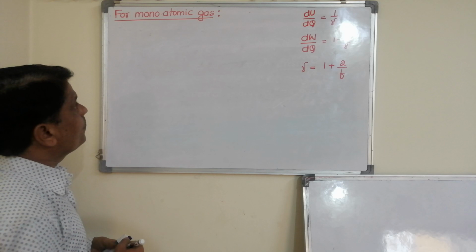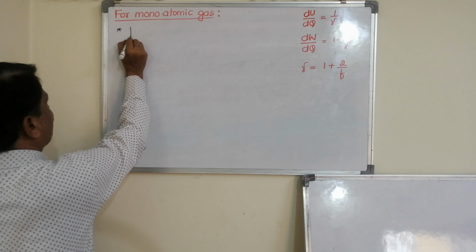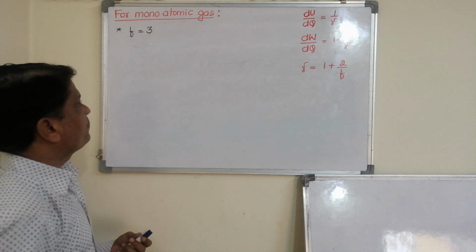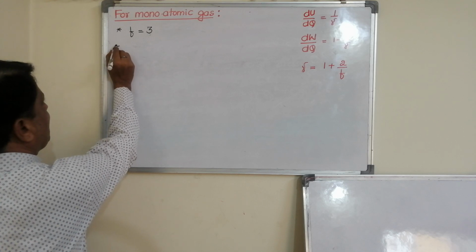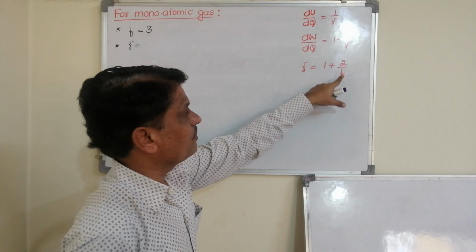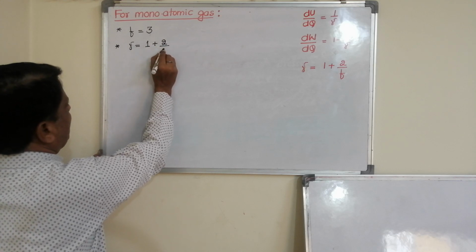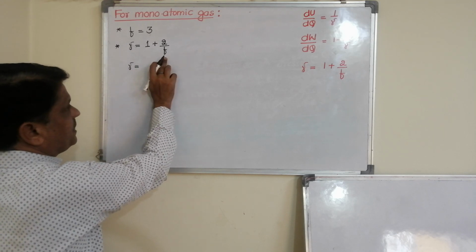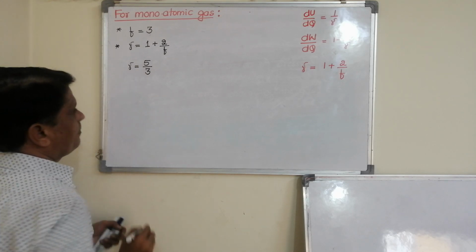See one by one. For monoatomic, first see F means degree of freedom. For monoatomic, number of degrees of freedom is 3, and then we have to write gamma. So you know that gamma is nothing but 1 plus 2 by F. Here F means 3. Please substitute here 3 and simplify. You get 5 by 3. It is gamma.